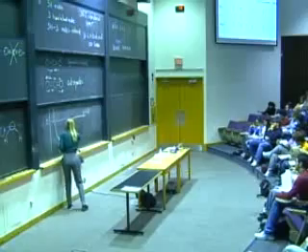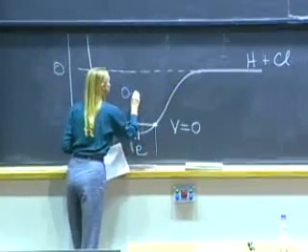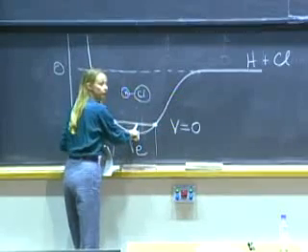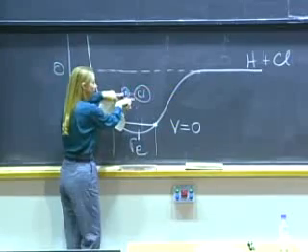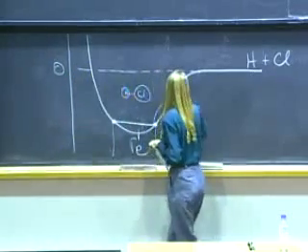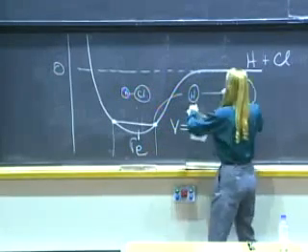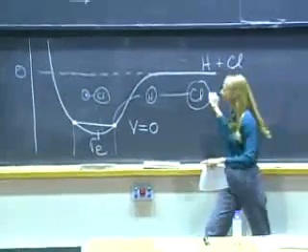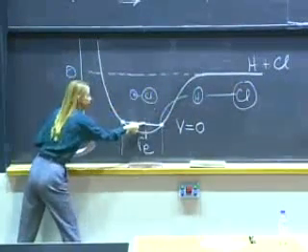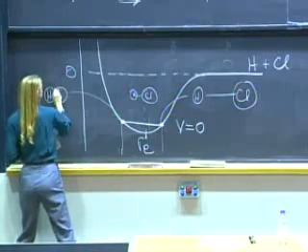So if you start out here with an HCl molecule at the equilibrium bond length right here, the HCl will stretch to this position. This is an exaggeration. This is how much it stretches. And then it comes back, goes through the equilibrium position, and over here, this is another exaggeration.